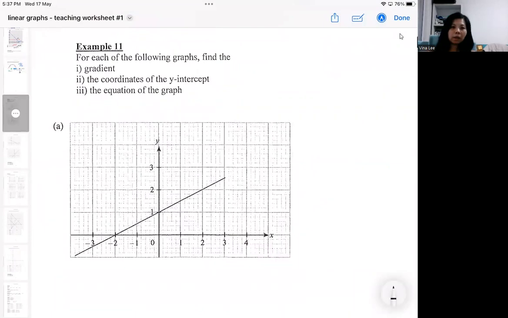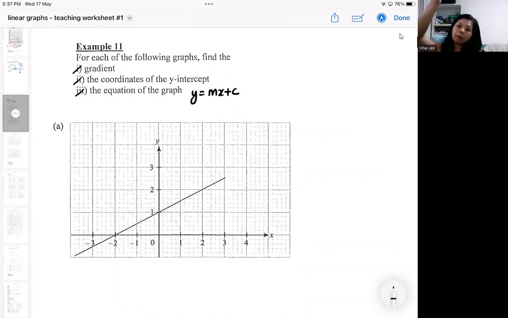Okay, so if you look at example 11a, I have three things to calculate. The first one, I have to calculate the gradient. I have to find out where the y-intercept is. And then eventually I have to find out the equation. The equation will be mx plus c. If you look at 11a, the line is flying up.